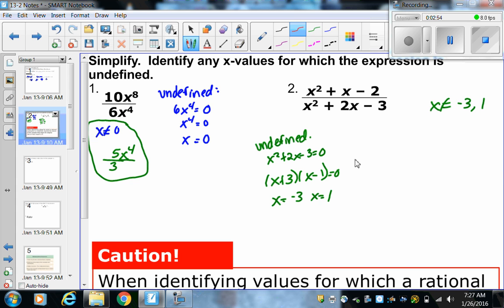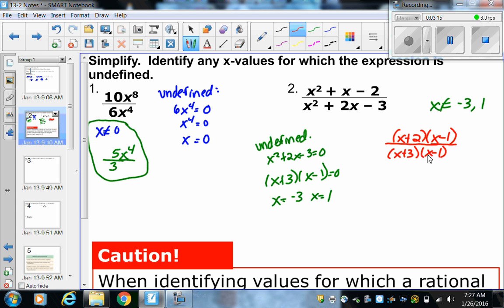And then when I simplify, we already know the bottom factors to x plus 3 and x minus 1. The top, what are two numbers that multiply to negative 2 and add to be 1? That would be x plus 2 and x minus 1.